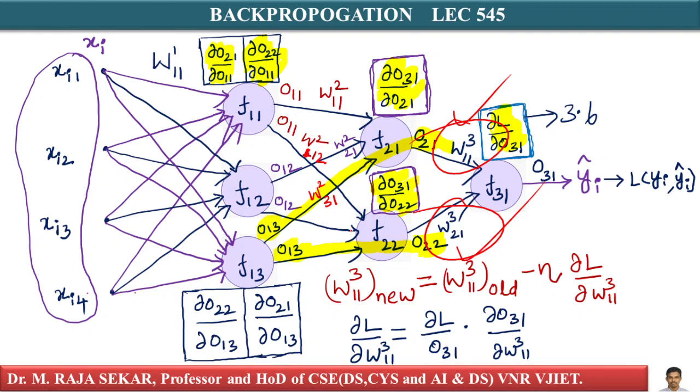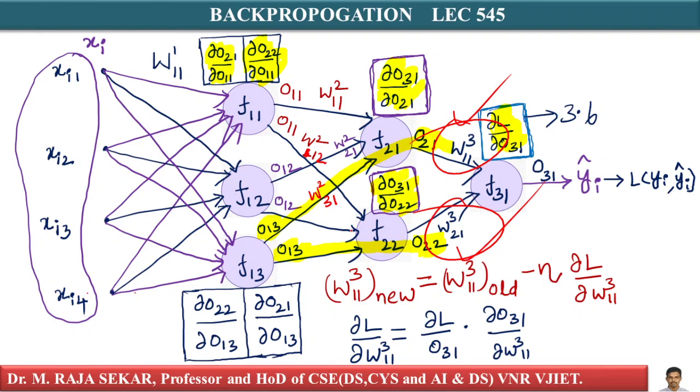When I am coming back, once I got the loss value with the given input xi comma yi, I compute backward here. That's why it is called back propagation. We will update the weights in the backward direction.